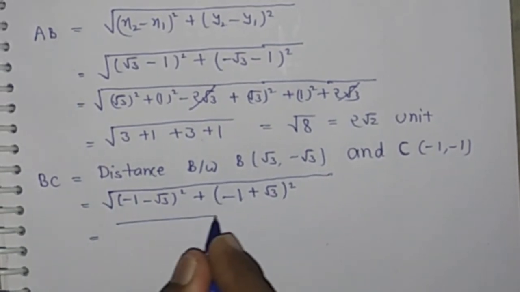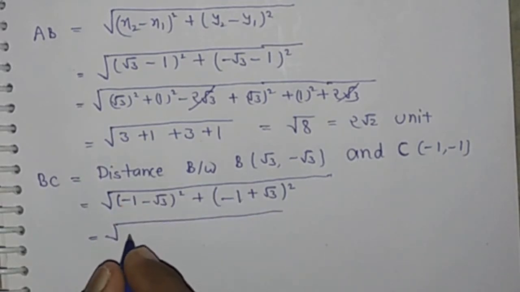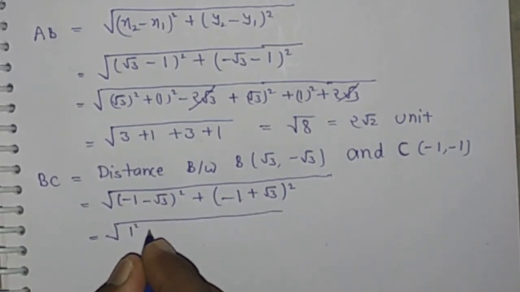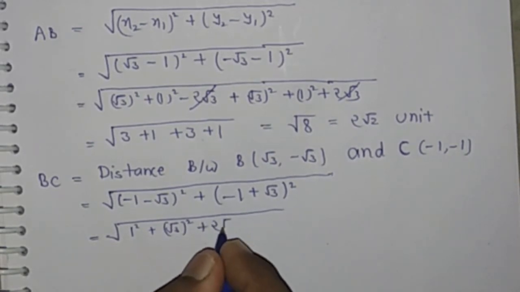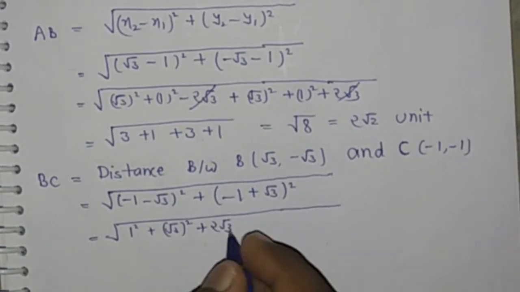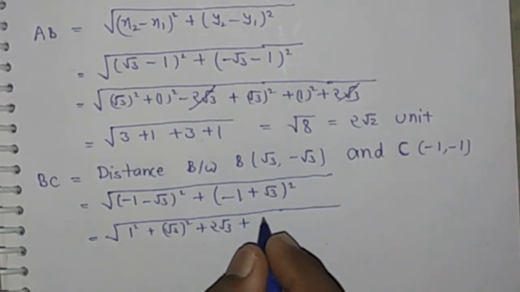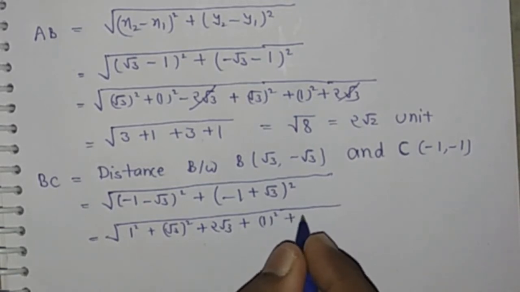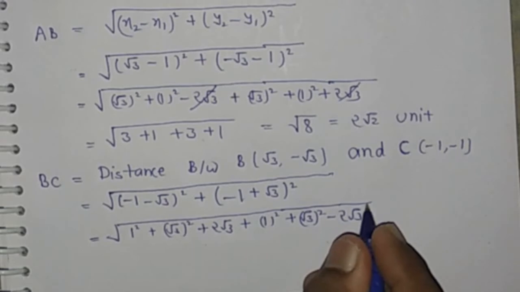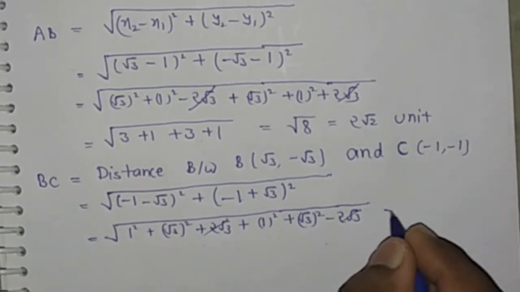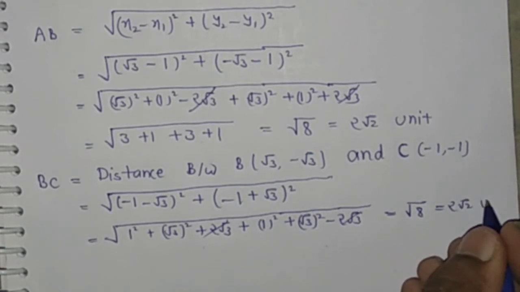Now open the bracket: it is the square of a plus b, then a square plus b square plus 2ab, and the square of a minus b gives a square plus b square minus 2ab. The 2 root 3 terms cancel out, we have root 8, which is 2 root 2 units.